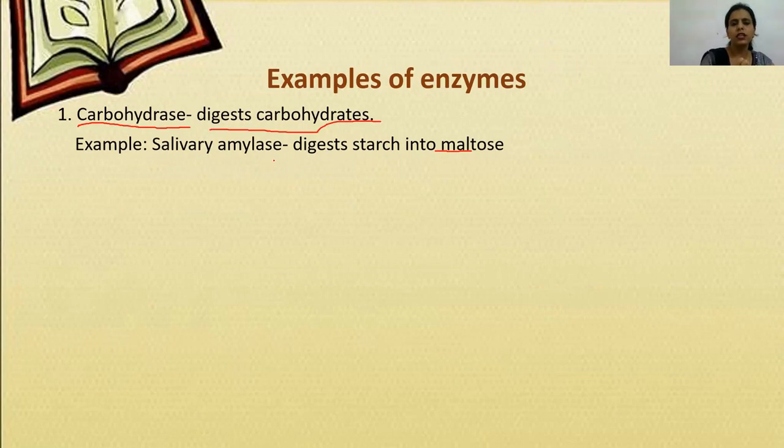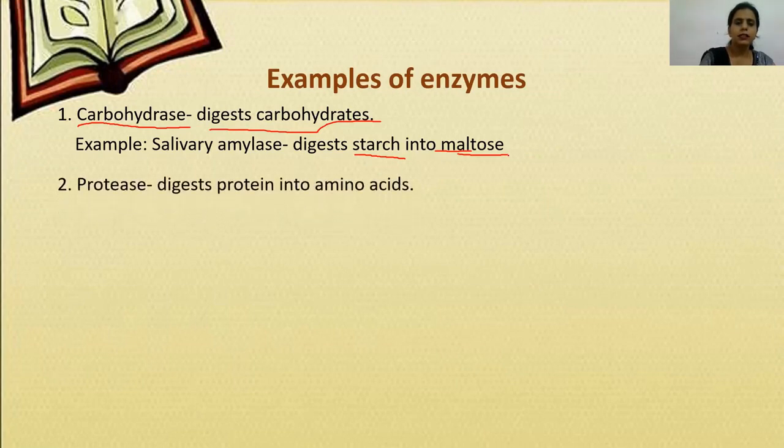So whenever you eat chapati or rice, which has starch in it, the food gets mixed with the saliva. In saliva, the enzyme salivary amylase is present, which will digest starch into maltose.